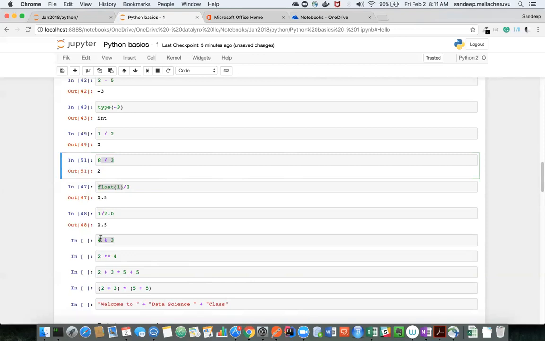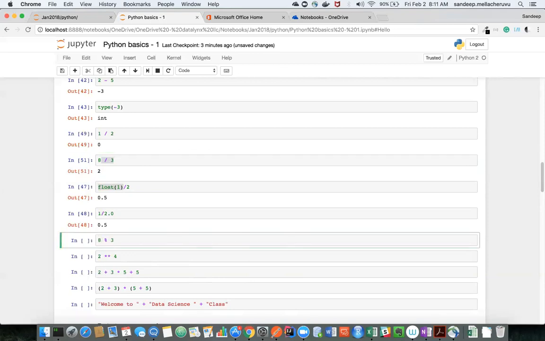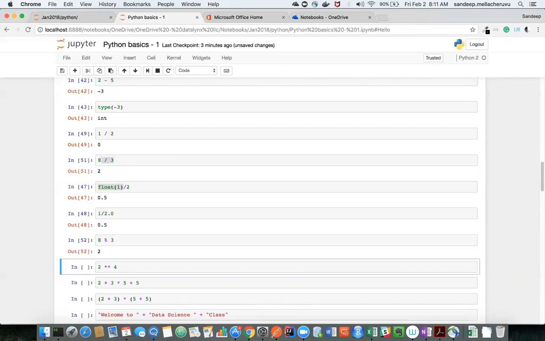Now what about the remainder? The remainder part you can do with the percent symbol. So if I do 8 mod 3, you will get 2, which is the remainder. So when you do a slash with integer division, it is going to be a quotient.